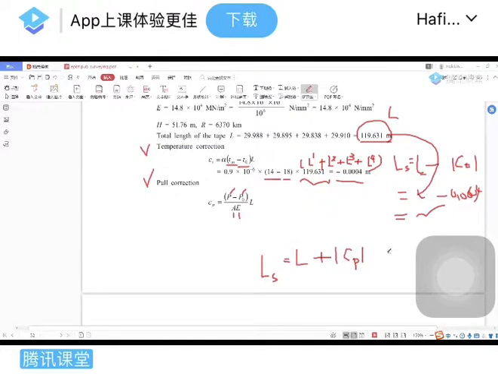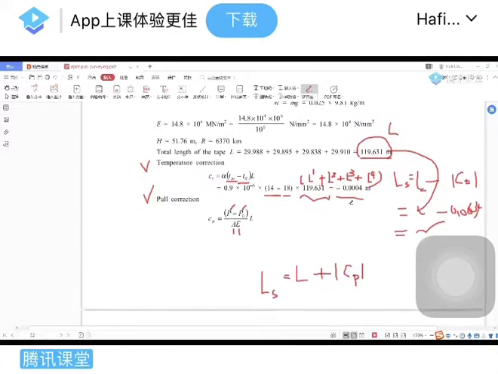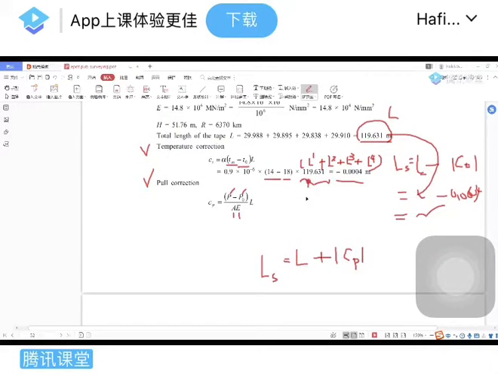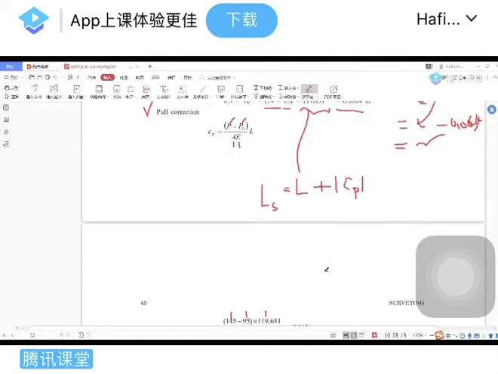You look at this one, it considers the pull force. So eventually you have to put them together: L plus this one minus this one, and that will be the final one. But if you only look at this one without regard to the other, then you only get this number. So L will be 191. This is your L, this is your value, and the CP is over here.